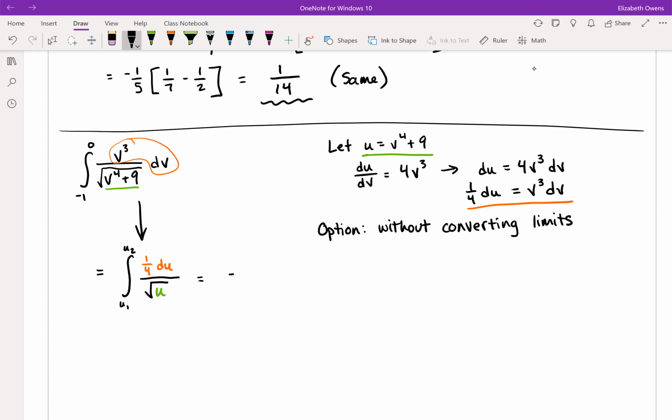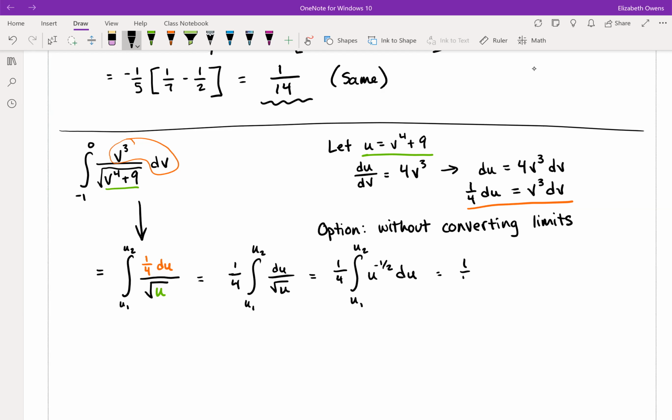Okay. So in terms of taking this integral, a lot of this is going to go basically the same. We're going to have 1/4. You can pull that out to the front. du over square root of u. Okay. And then you'll probably want to turn that into u to the -1/2 du.